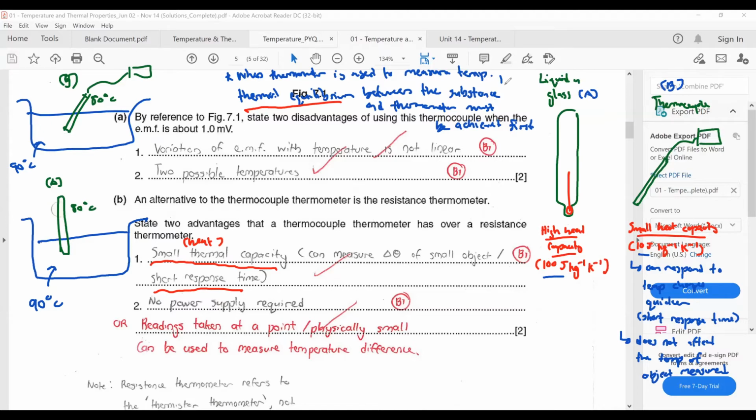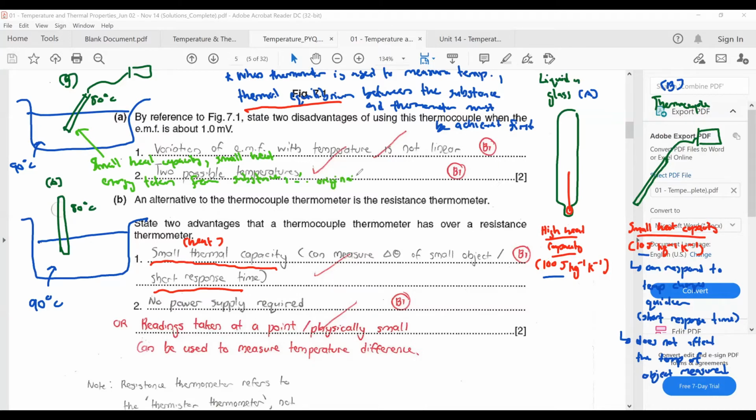What I mean by this is: this one, small heat capacity, small heat energy taken from substance. Therefore, original temperature is not affected as much.